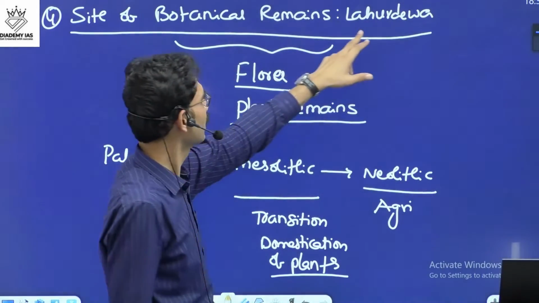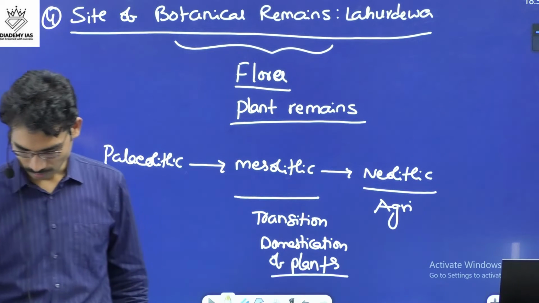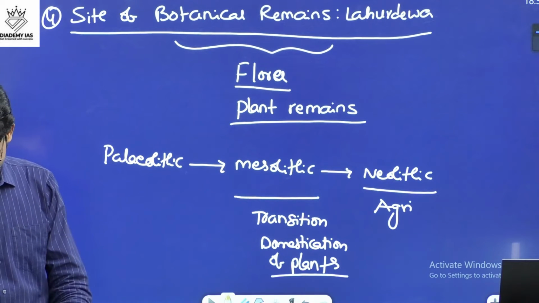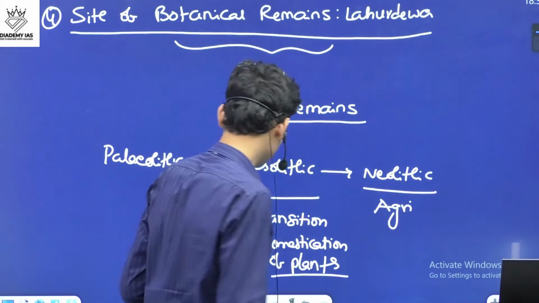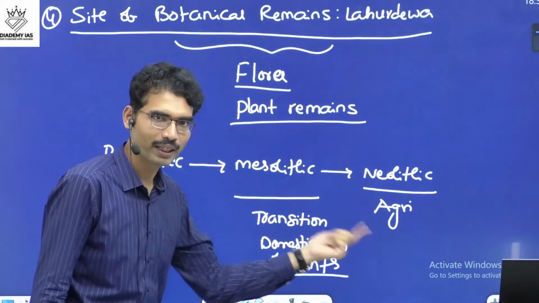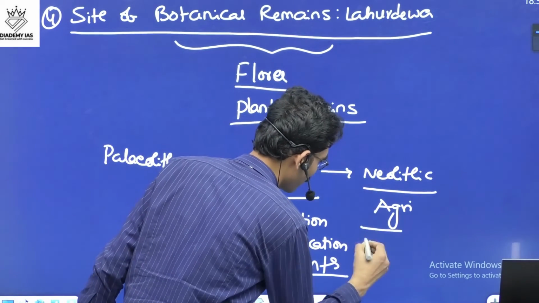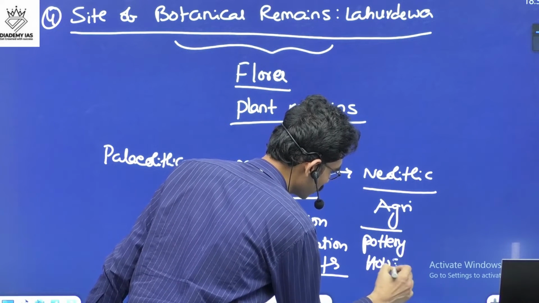Note down Lahura Deva. So in this location, we get to know how people started agriculture, how people started making pottery, how people started making their own houses.